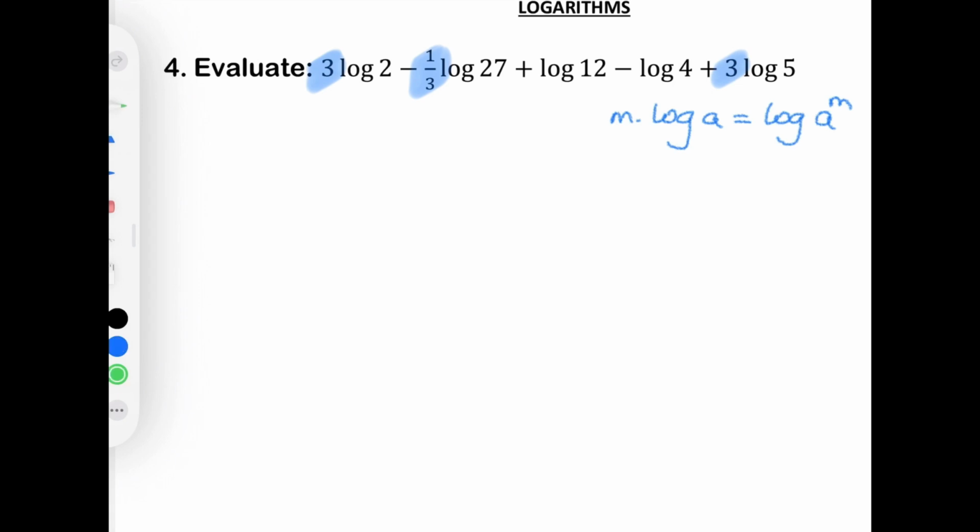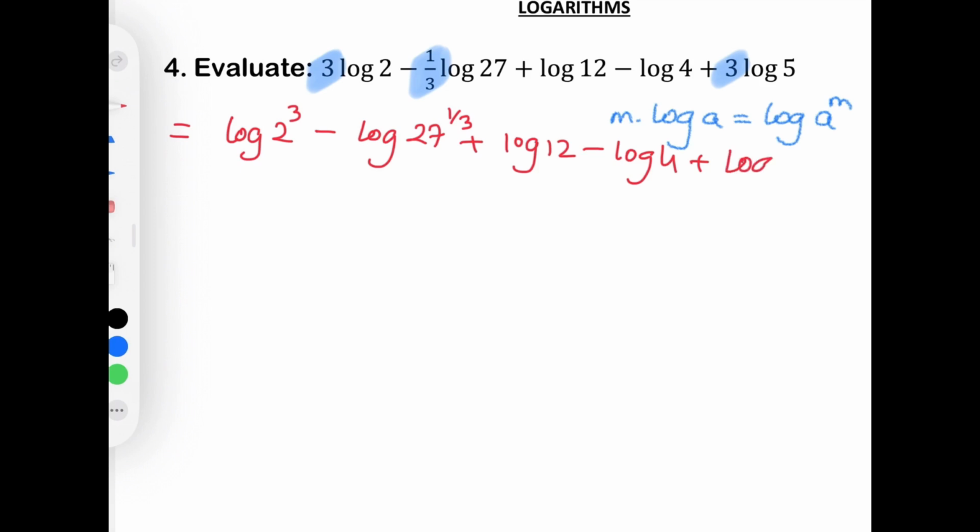So that will become log 2 raised to 3 minus log 27 raised to 1/3 plus log 12 as it is minus log 4 as it is plus log 5 raised to 3.